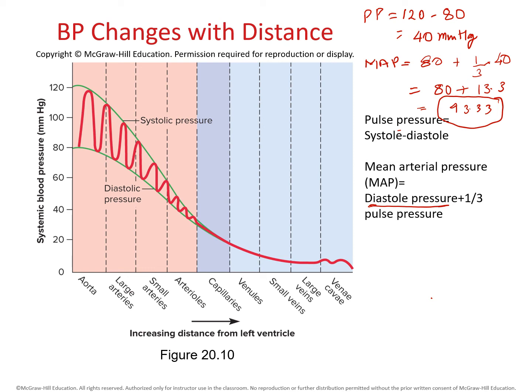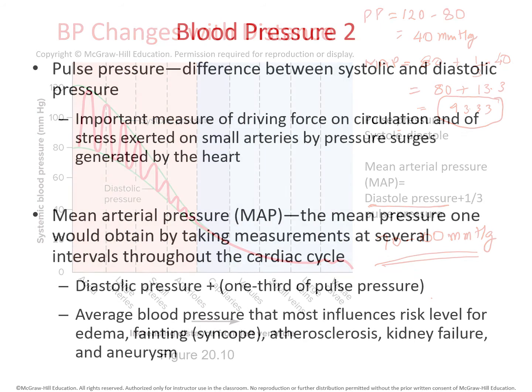And the mean arterial pressure is anything between 70 to 100 mmHg. So this is considered normal. It means that there's enough and consistent pressure in your arteries to allow tissue perfusion through the body.